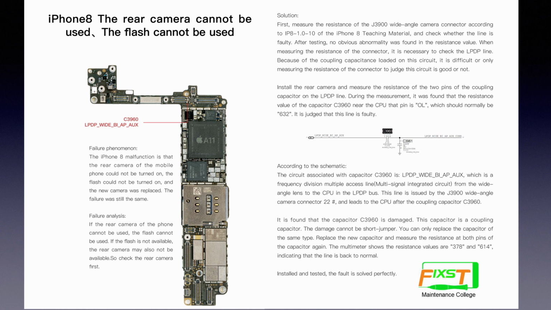It is difficult to only test the resistance of the connector to tell whether this circuit is normal or not. So we install the back camera and test the resistance of the 2 pins of the coupling capacitor on the LPDP line.